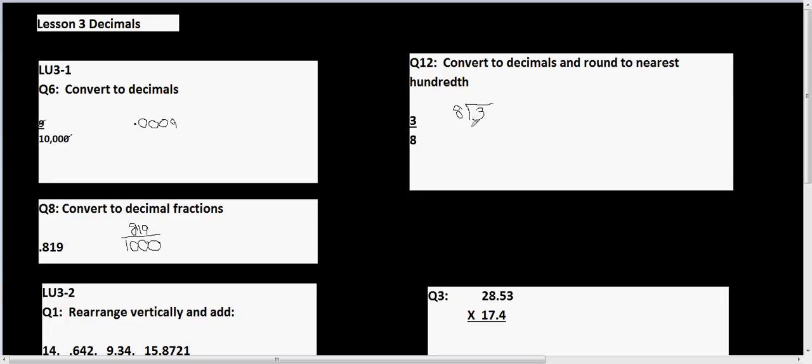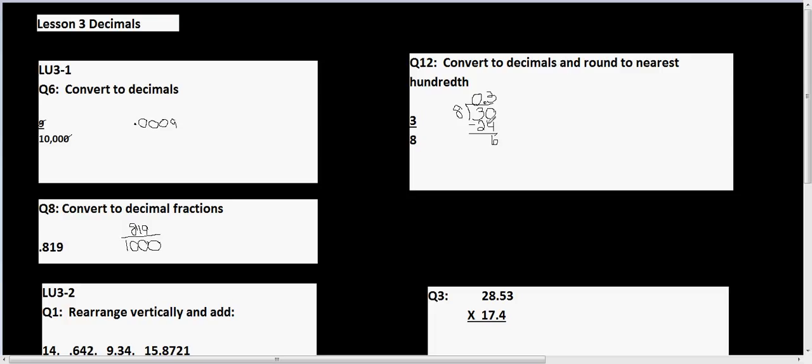We know that 8 can't go into 3, so we have to have a 0 there and follow it by a decimal to indicate there was nothing in that 3. Add a 0. 8 goes into 30 3 times. Have to remember to write the 3 up on top.